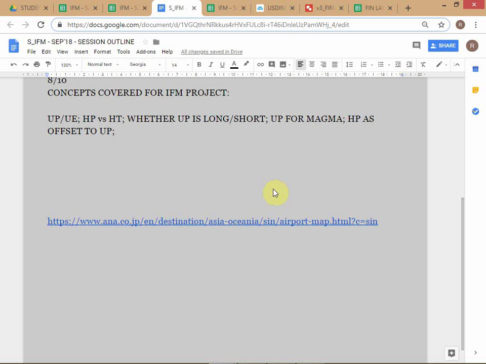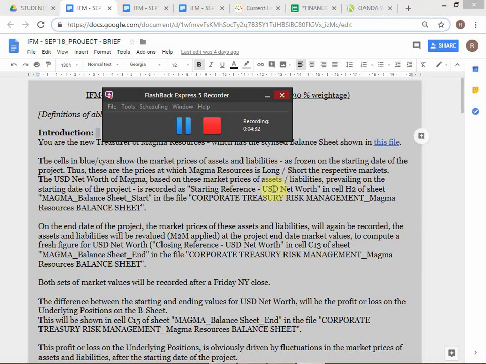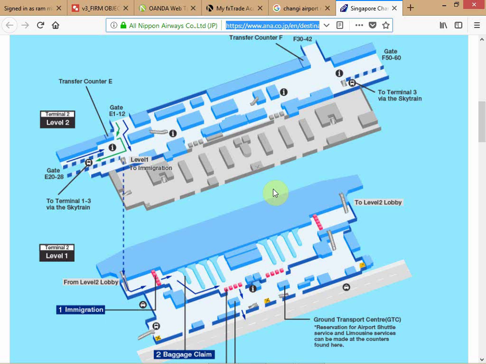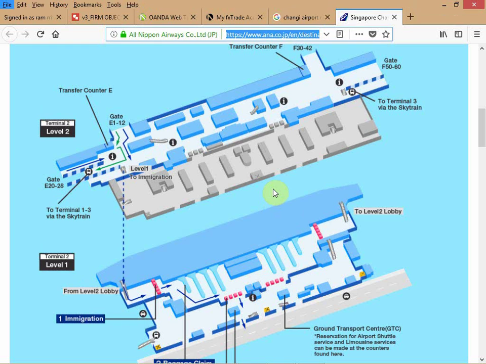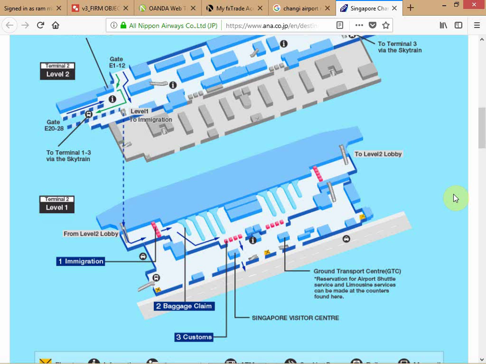Now we have to cover the rest of it, just to make sure that you're able to manage the balance sheet. Let's look at one more concept. Why am I showing you a map of Changi Airport?